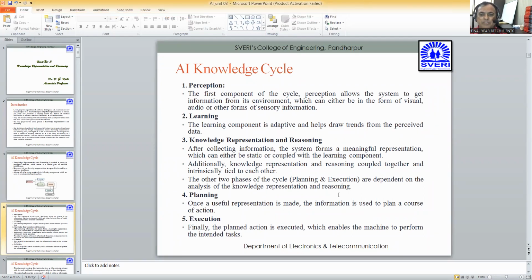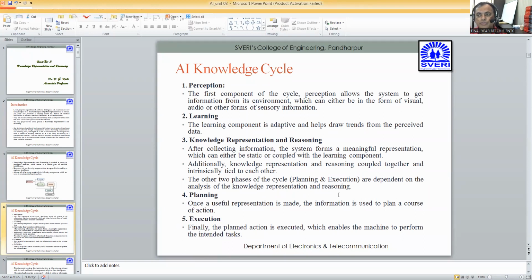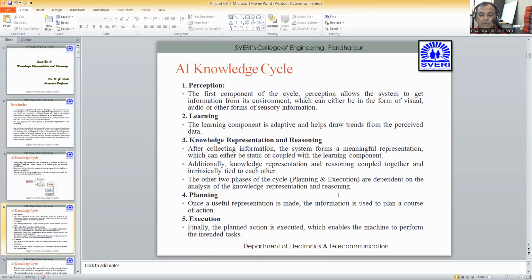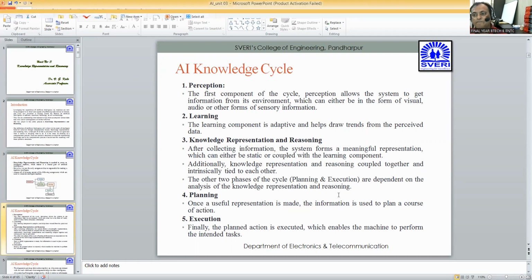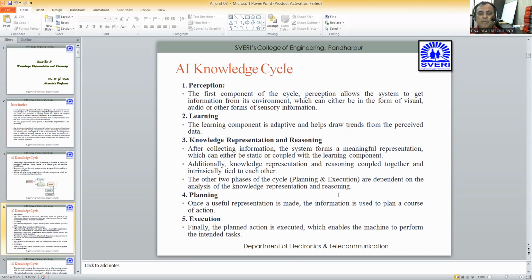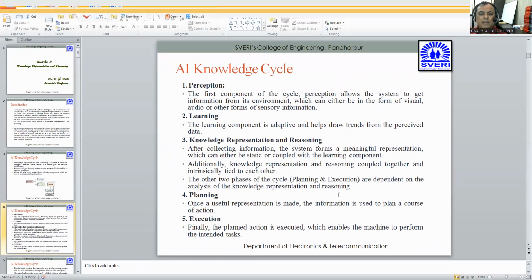After collecting information, the system forms a meaningful representation, which can be either static or coupled with a learning component. So first, it is necessary to make a meaningful representation of the information that has been collected. It can be static, or it can be coupled. Static means it stands by itself, coupled means it is built together with the learning component above, and that has to be decided. But we have got the knowledge, we have studied it, we have learned it. Now with knowledge representation and reasoning we are representing it in a meaningful way. So it can do it alone, or in combination with the learning component also. Additionally, knowledge representation and reasoning are coupled together and intrinsically tied to each other.